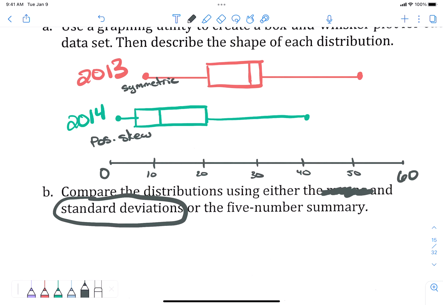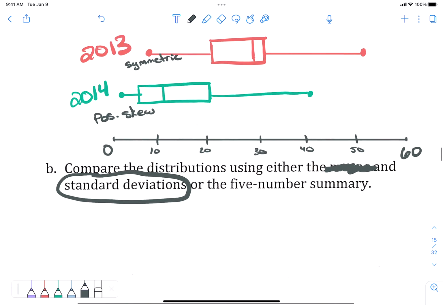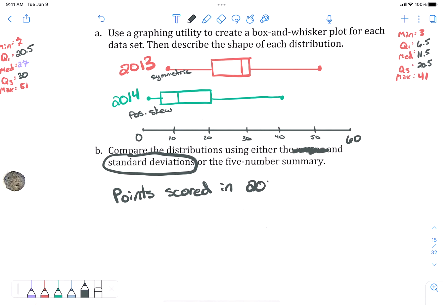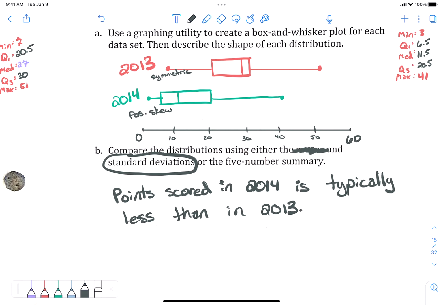Like the average number of points scored per game was less than 2013. So points scored in 2014 is, I'm going to say typically, less than in 2013. Okay?